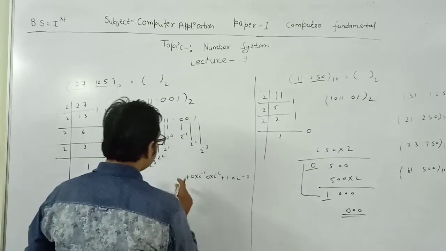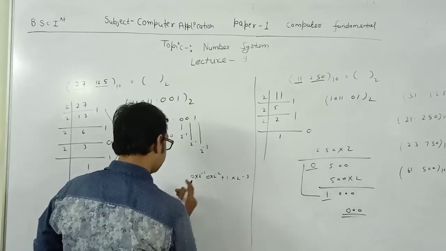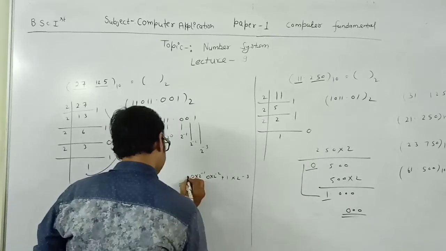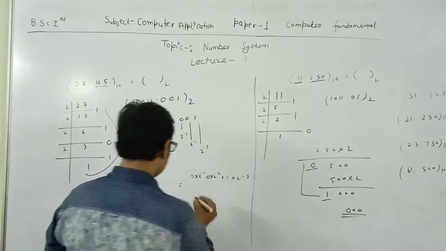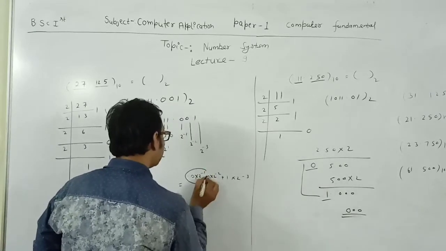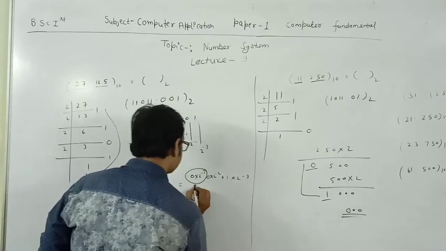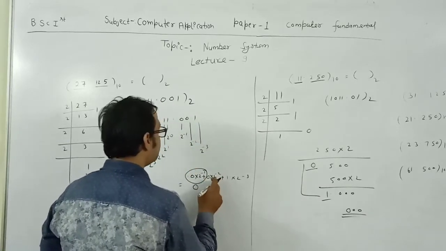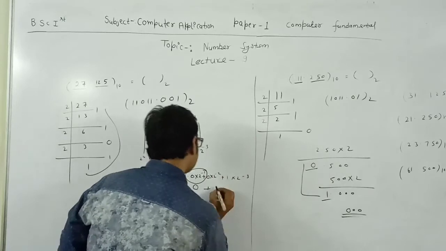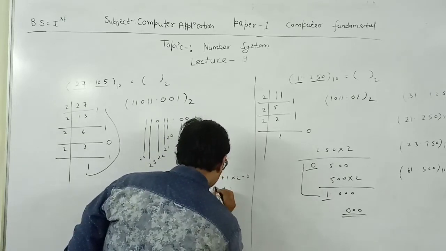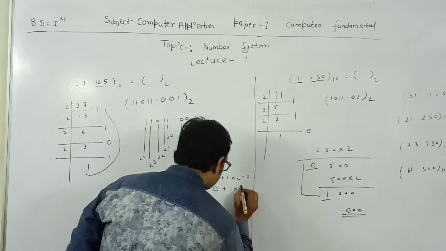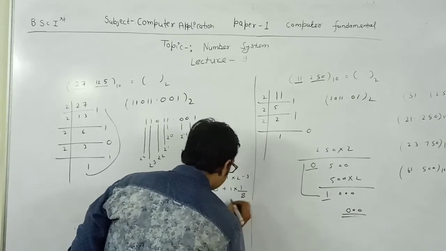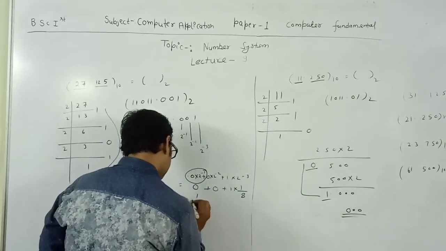So now calculate this value. 0 into 2 power minus 1: 0 multiplied by anything gives you 0. Plus 0 multiplied by 2 power minus 2: 0 multiplied by anything gives you 0. So this is 1 into 2 power minus 3, which means 1 by 8. So divide 1 by 8.